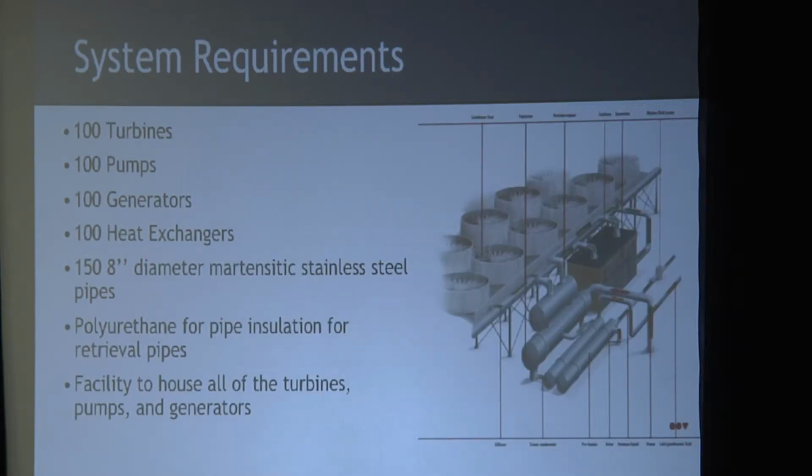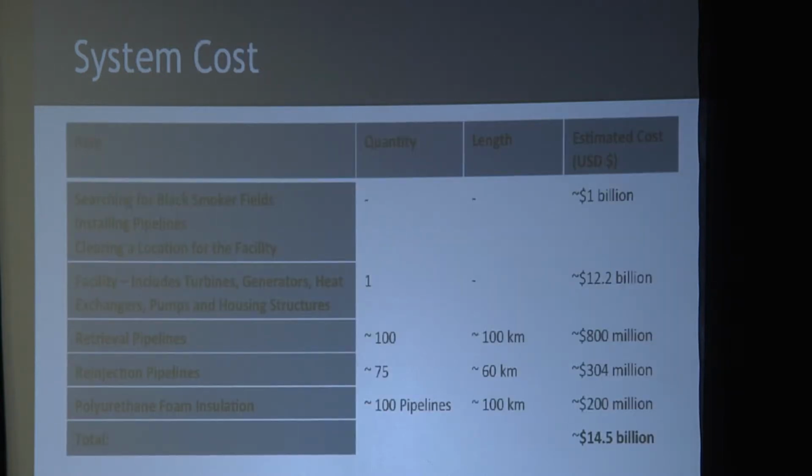So the system requirements are here below: 100 turbines, 100 pumps, 100 heat generators, and different facilities to house these turbines, pumps, and generators. The system cost is very basic. We took different plants that have been built and scaled up. So we're looking at a $14 billion estimate.